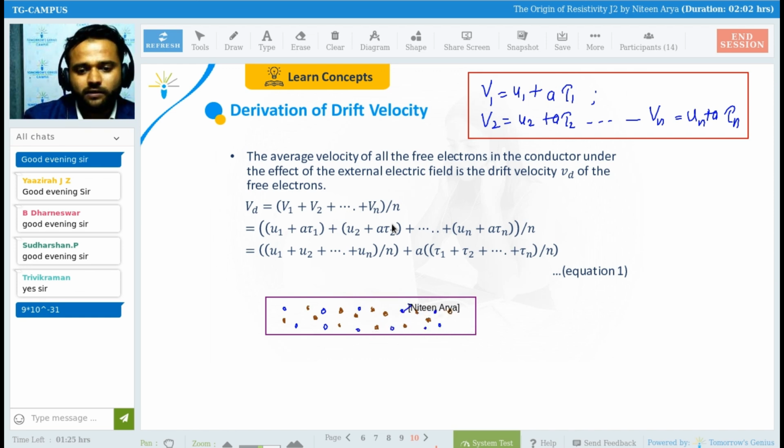Obviously they are randomly moving, so when they are randomly moving, they collide with each other.